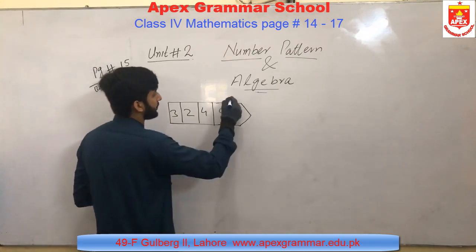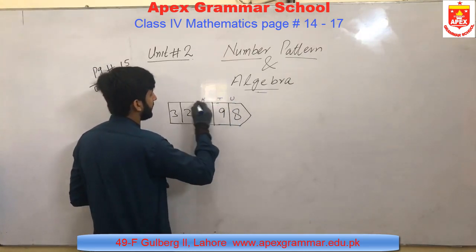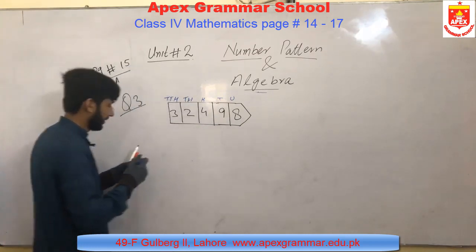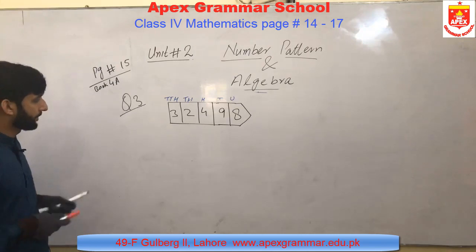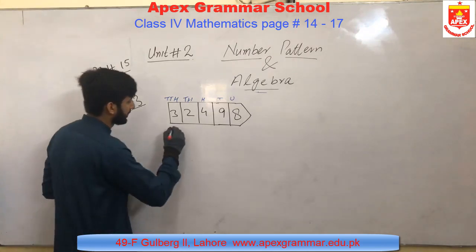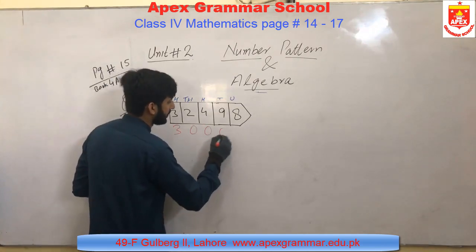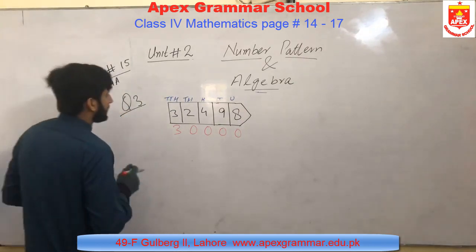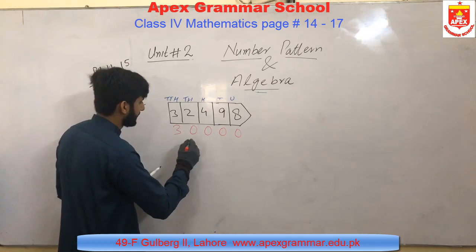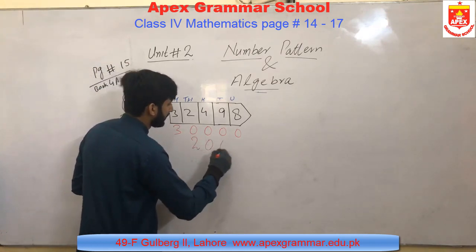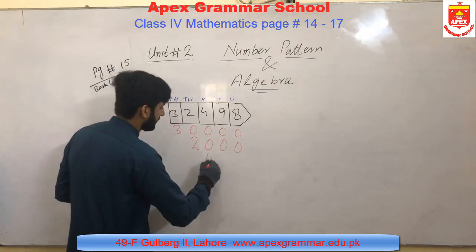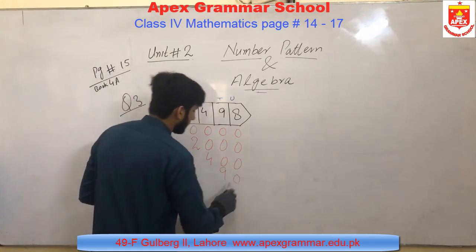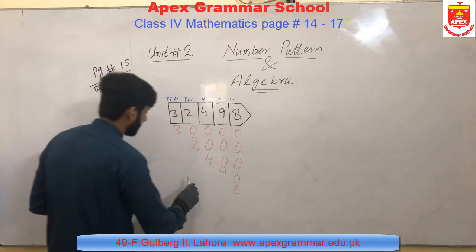This is unit, 10, 100, 1000 and 10,000. This means this is 30,000, then this is 2,000, this is 400, this is 90 and last one is 8.